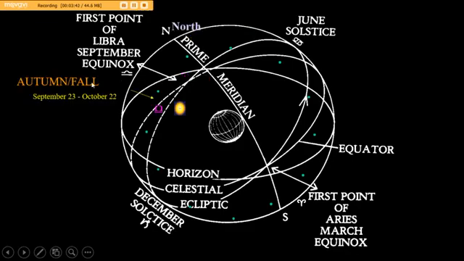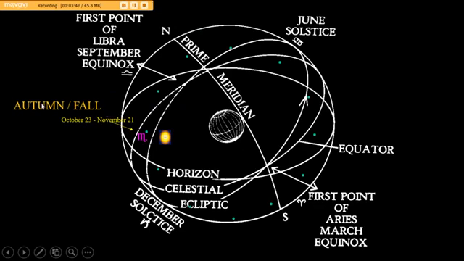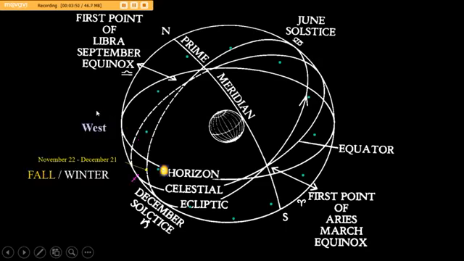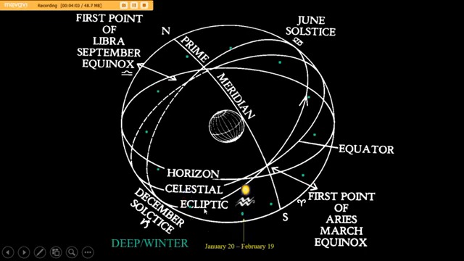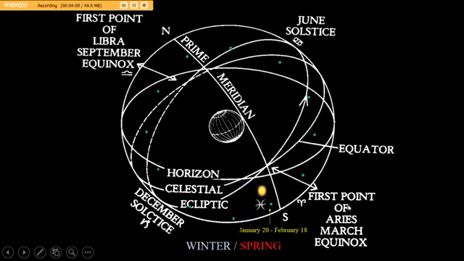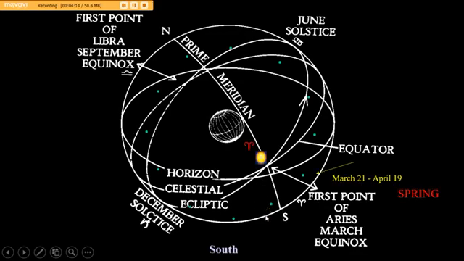Summer-autumn goes into autumn-fall, Libra, as it comes around its cycle. Autumn-fall, October, Scorpio, and then fall-winter, Sagittarius, and then it hits December, winter, the winter solstice, and goes into Aquarius as it returns back toward winter-spring. It goes into winter-spring, Pisces, and then right back into spring. So that's the rotation.